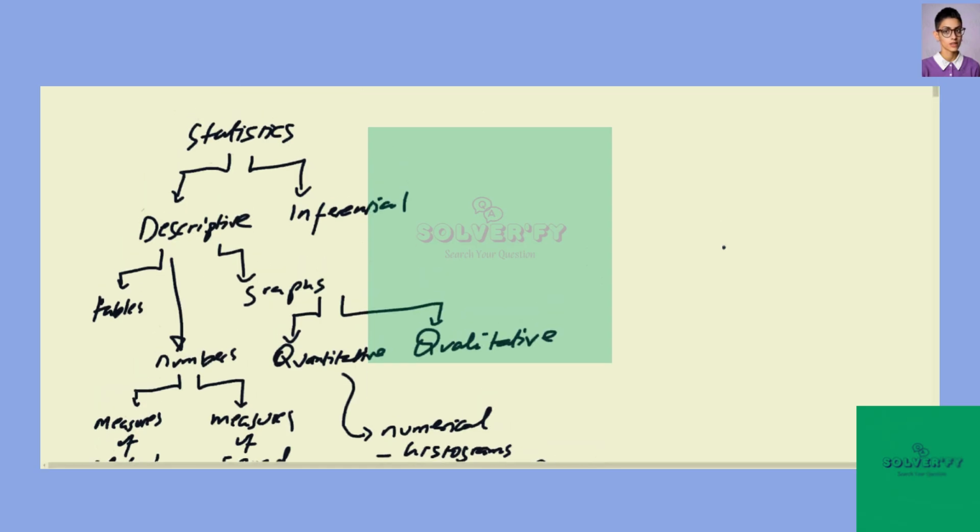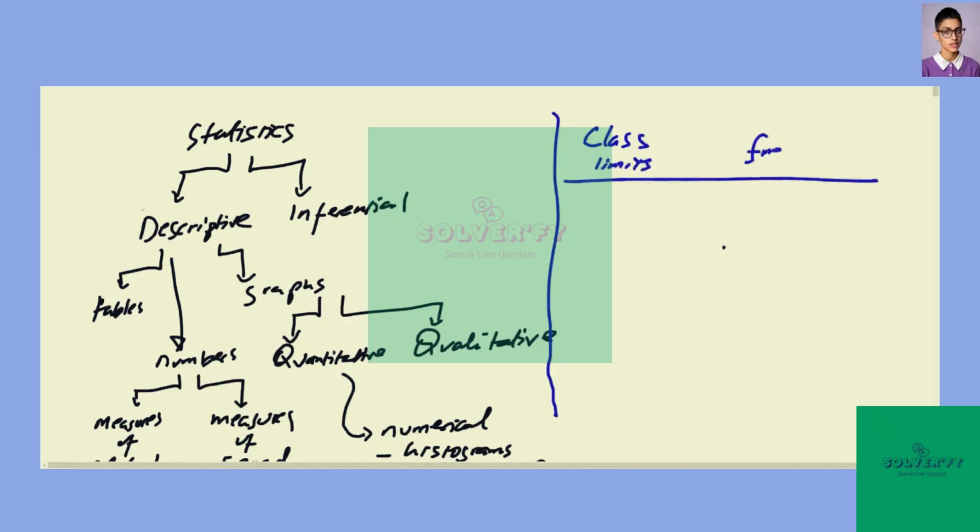So in our new problem, we're presented with data. The data has class limits and it also has frequencies, meaning that between 60 and 64, and these are glucose levels in milligrams, we have 1 patient.